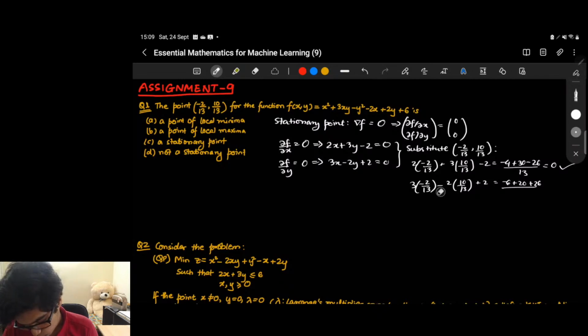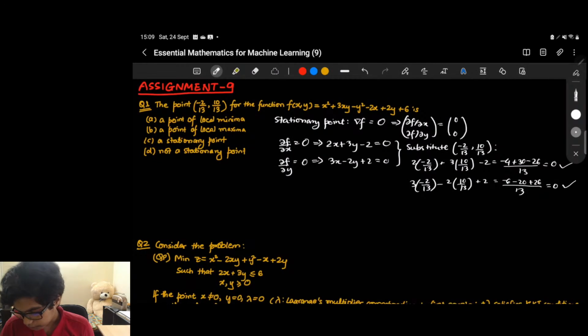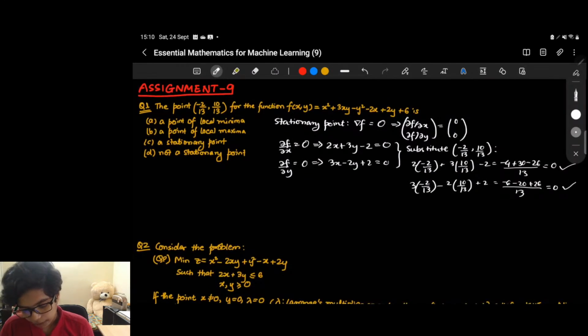It is 3x minus 2y, so this is minus 20. So this is also equal to 0. So this also satisfies this equation. And that means that gradient of f is 0 at this given point. So it is definitely a stationary point.